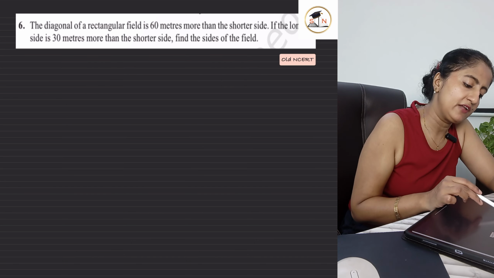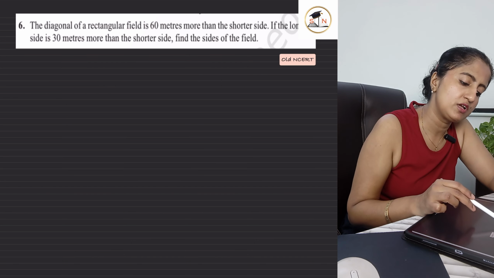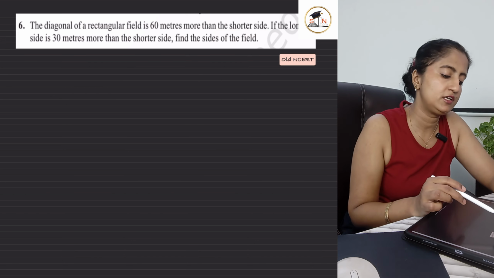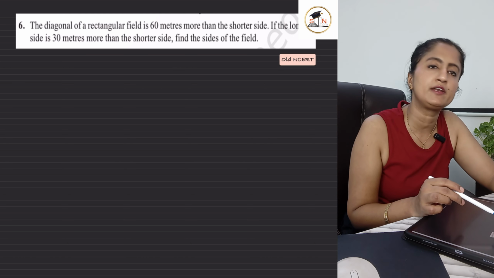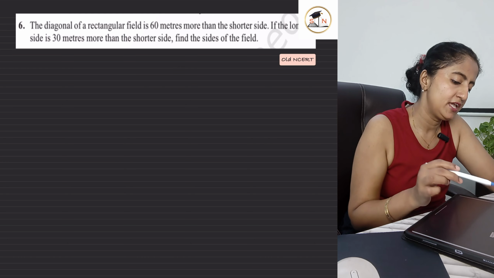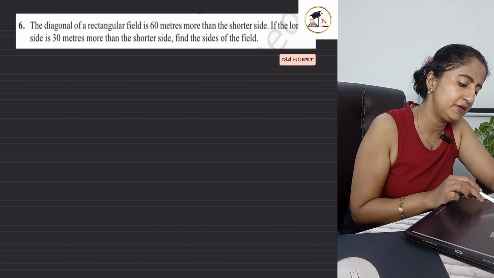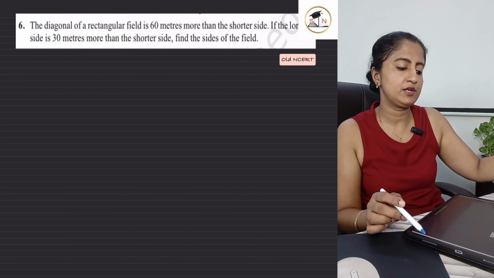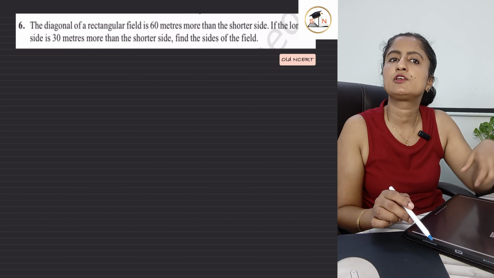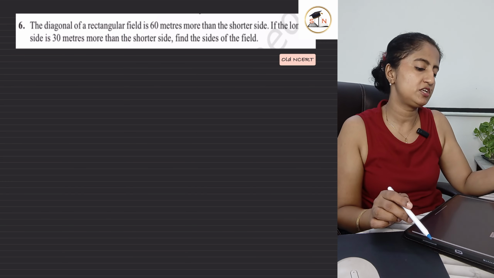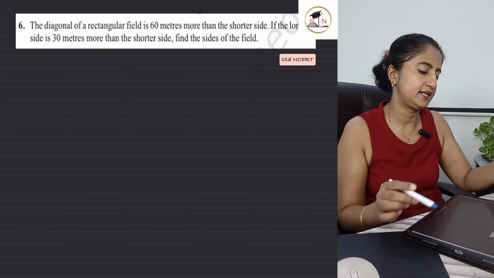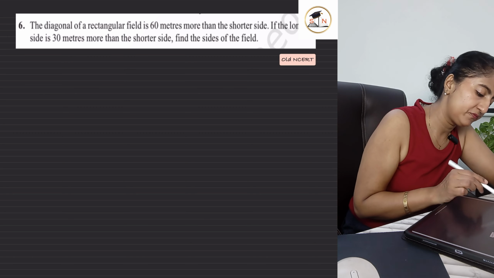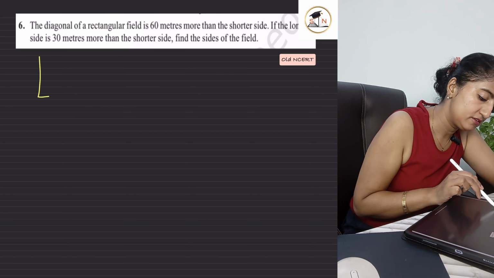The diagonal of a rectangular field is 60 meters more than the shorter side. If the longer side is 30 meters more than the shorter side, find the sides. First, it was a given relation between the diagonal and the shorter side, then the relation between the longer and the shorter side. So let's make the rectangle and see about it.